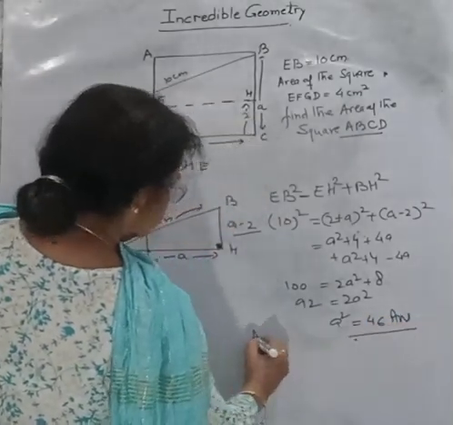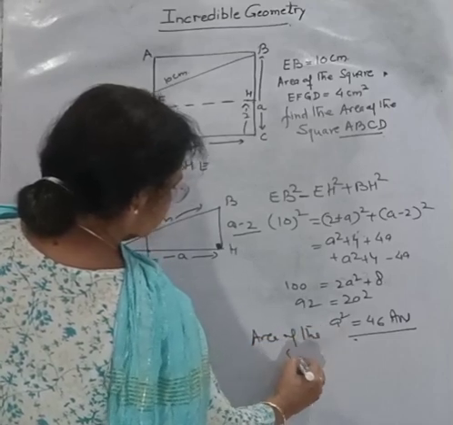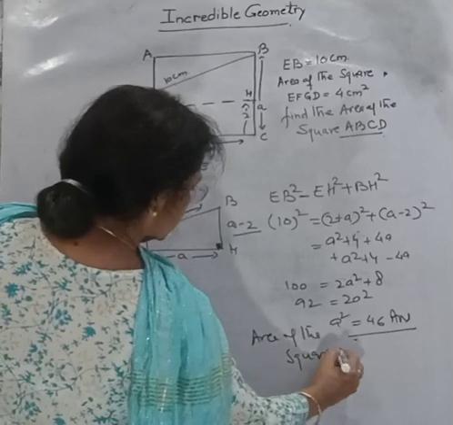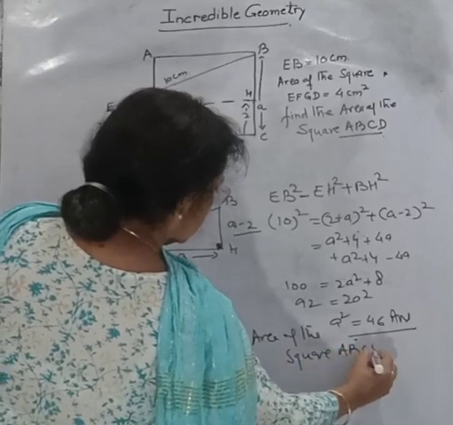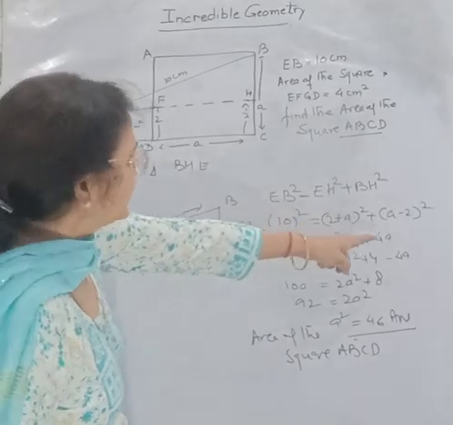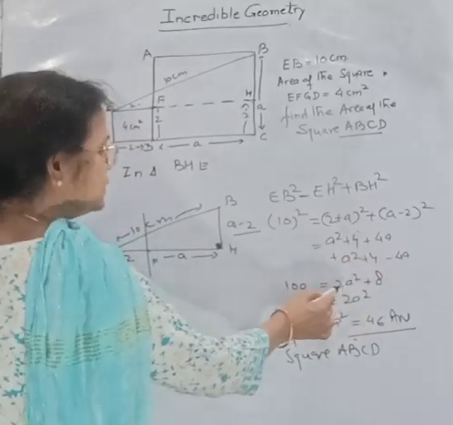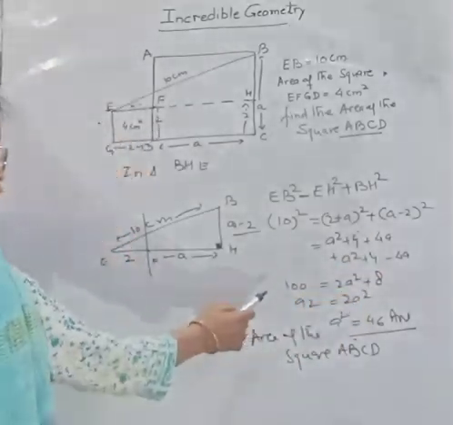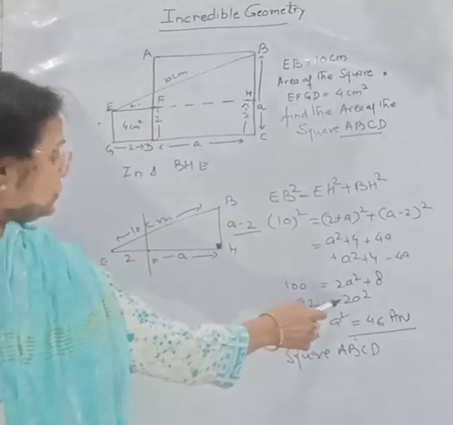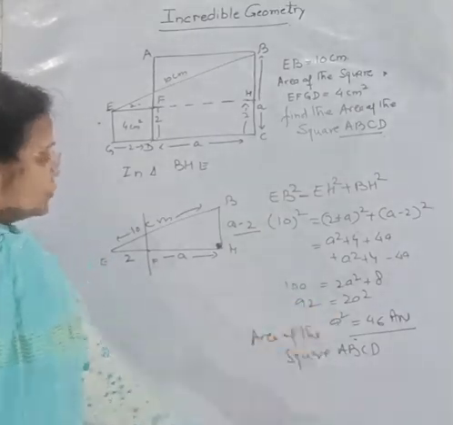The area of the square ABCD: 2A square plus 4 plus 4A, A square plus 4 minus 4A. The 4A gets cancelled. 2A square plus 8 is equal to 100, 2A square is equal to 92, and hence A square is equal to 46.